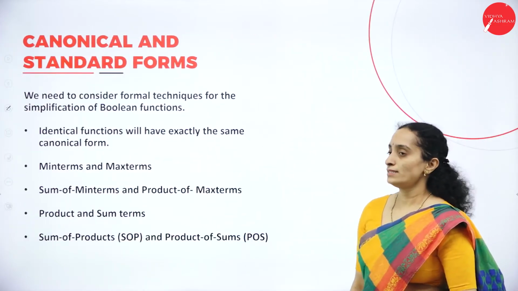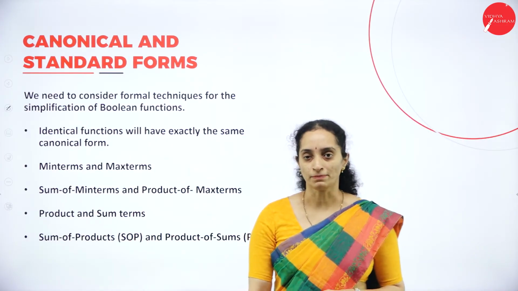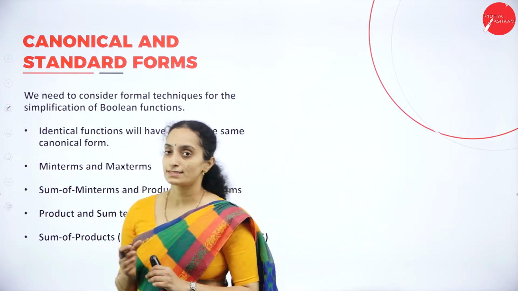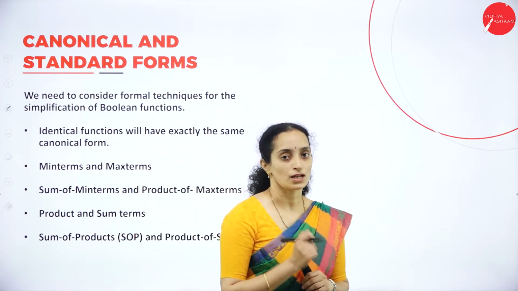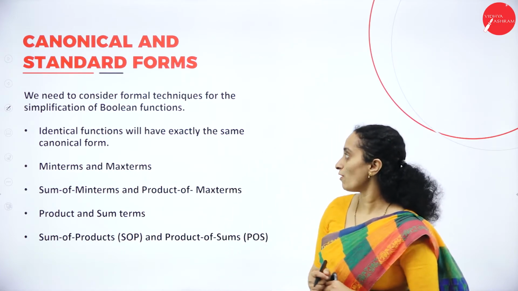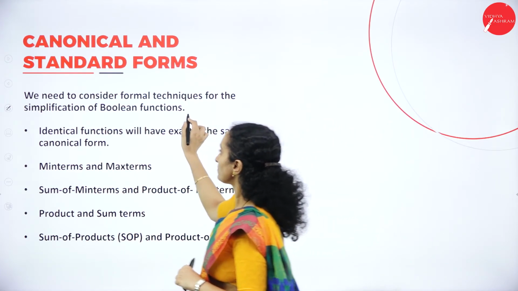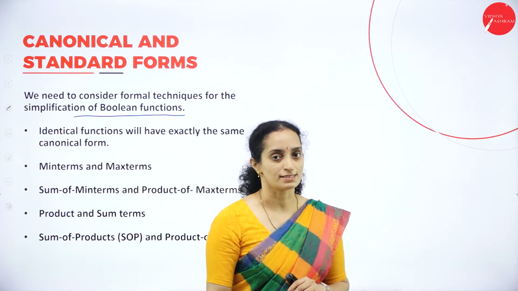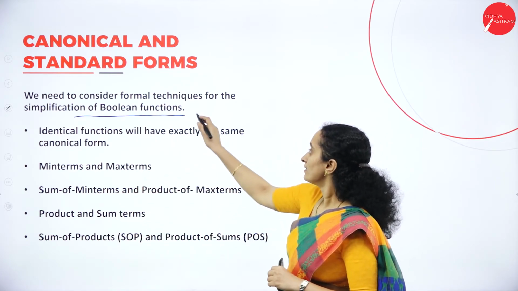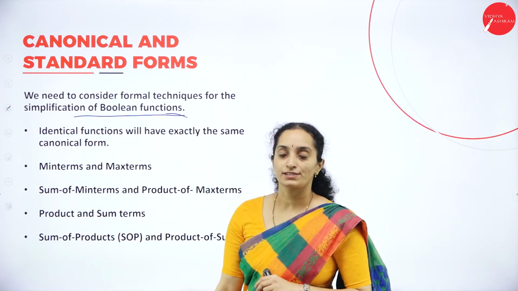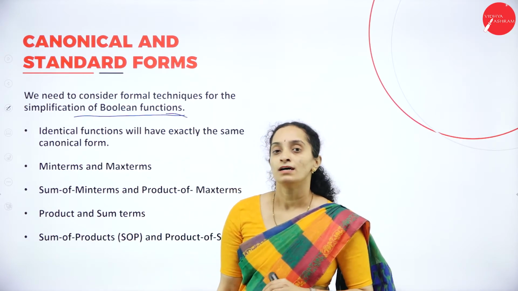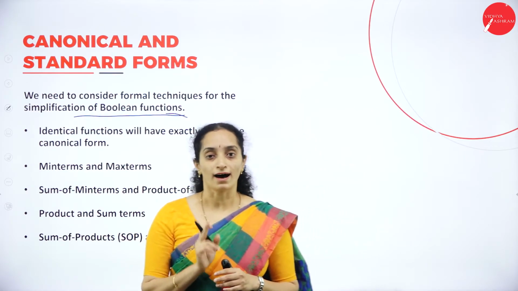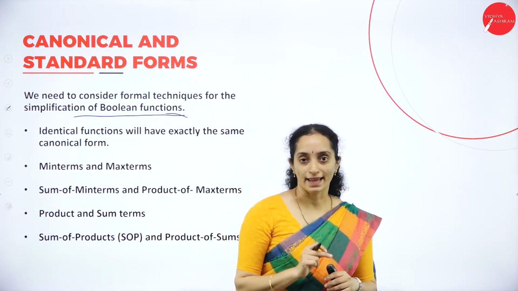Alright. Next we shall move on to the next concept, that is finding out the canonical and the standard forms. What are canonical and standard forms? Okay, the simplifications of the Boolean functions. Why do you need the simplification of Boolean functions? As you know, these Boolean functions are the basis for the gates.